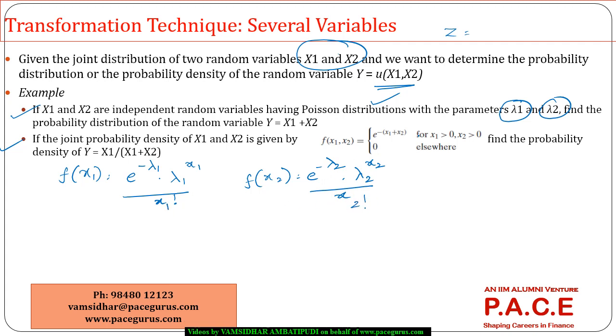Now because they are independent, I am asked to find the probability distribution of the random variable y equal to x1 plus x2. First let me find their joint distribution.